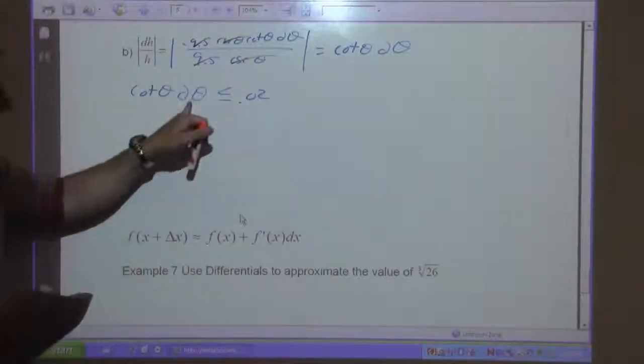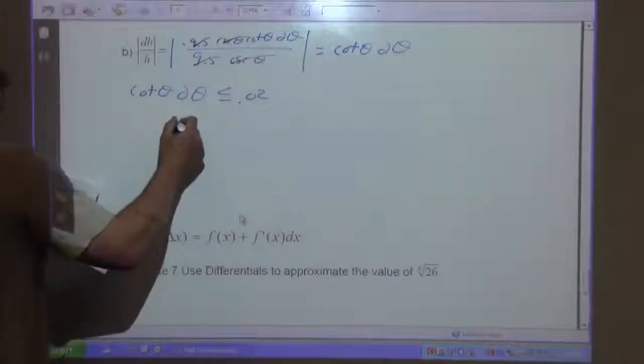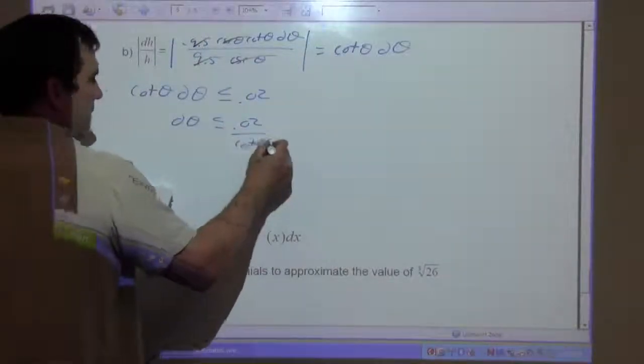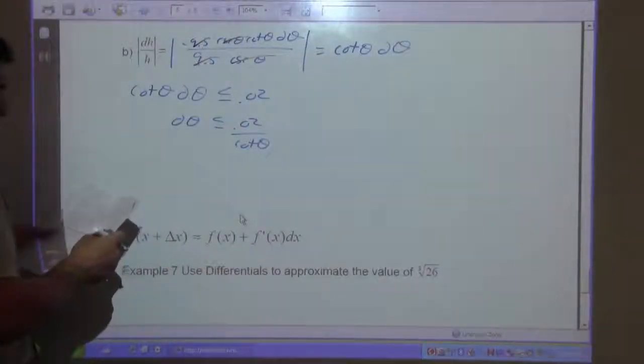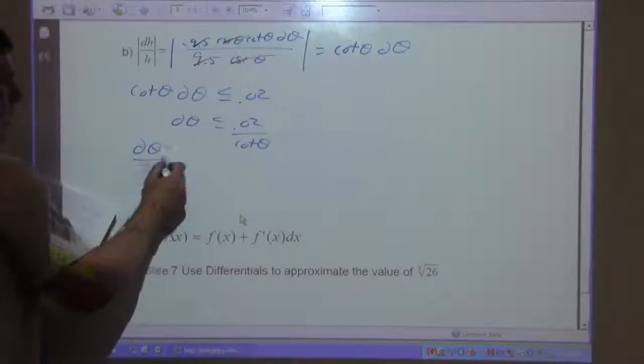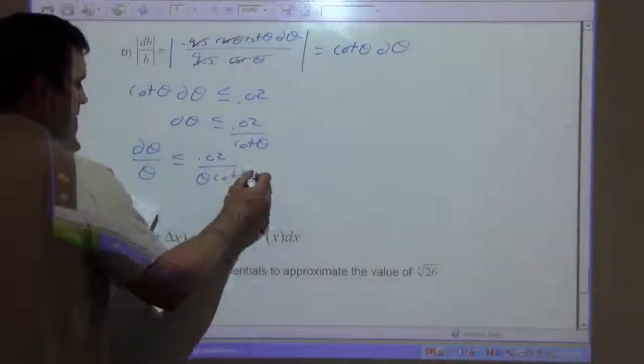So we want to know what our d theta can be that'll give us a 0.02 error or less. So d theta is less than or equal to 0.02 divided by cotangent theta. d theta over theta is less than or equal to 0.02 over theta cotangent theta.